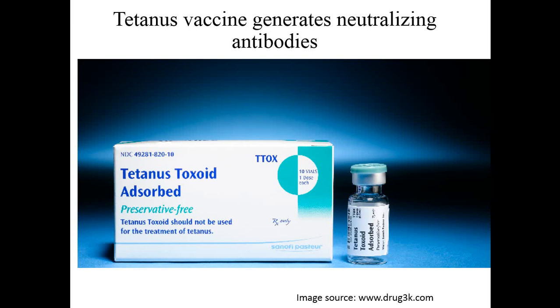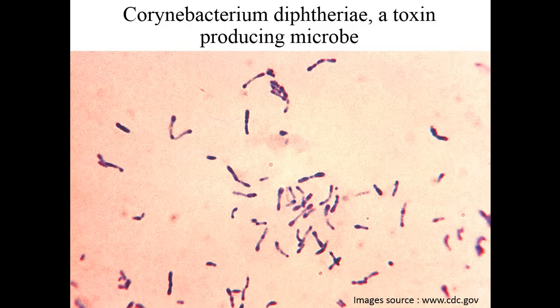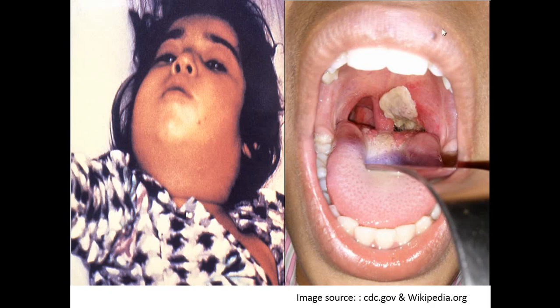So that's one of the major ways that antibodies work, and it's also the case for some other bacteria which produce toxins. This is a picture from the CDC website again, from a kid with diphtheria. Diphtheria is caused by Corynebacterium diphtheriae. It's a bacterium which causes infections in the throat.